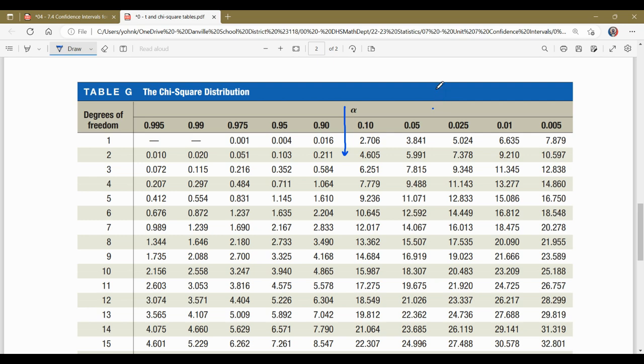The values on the right side are chi-square rights, and the values on the left side are chi-square lefts. Now, if you notice, the values on the right half are always bigger, almost significantly bigger than the values on the left side. Also, notice that there's no confidence level at the top.